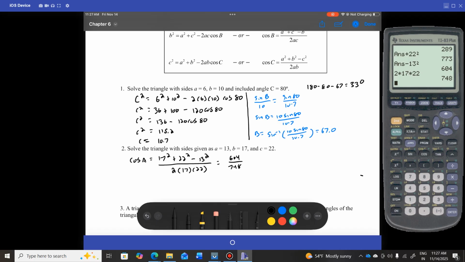And so we're taking the inverse cosine of 604 over 748. We get 36.15.